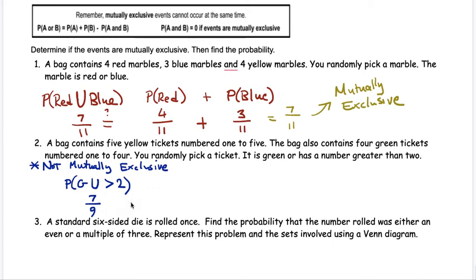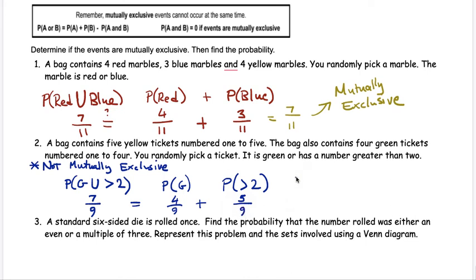And if we look at that now, the probability of being green, as we said, is 4 out of 9, plus the probability of being greater than 2. Greater than 2, we actually have 3 yellow tickets that are greater than 2, and we have 2 green tickets that are greater than 2. So we've got 5 tickets that are greater than 2 altogether, right?